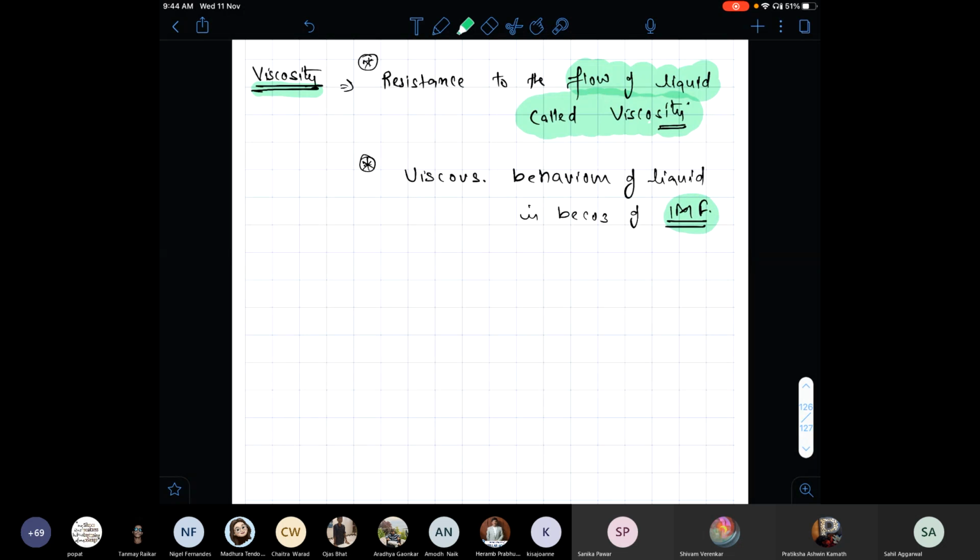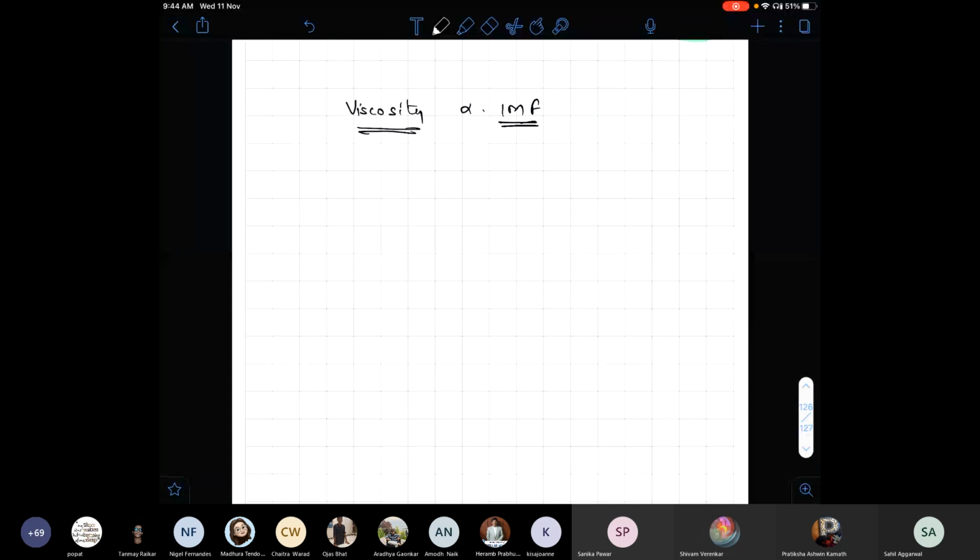Viscous behavior of liquid is because of intermolecular forces. The more the intermolecular force, the more is the viscosity.